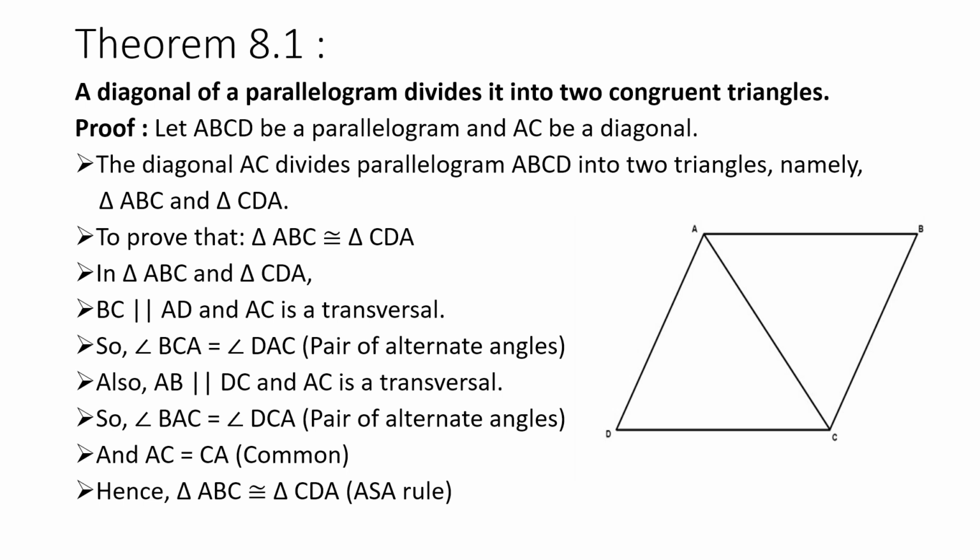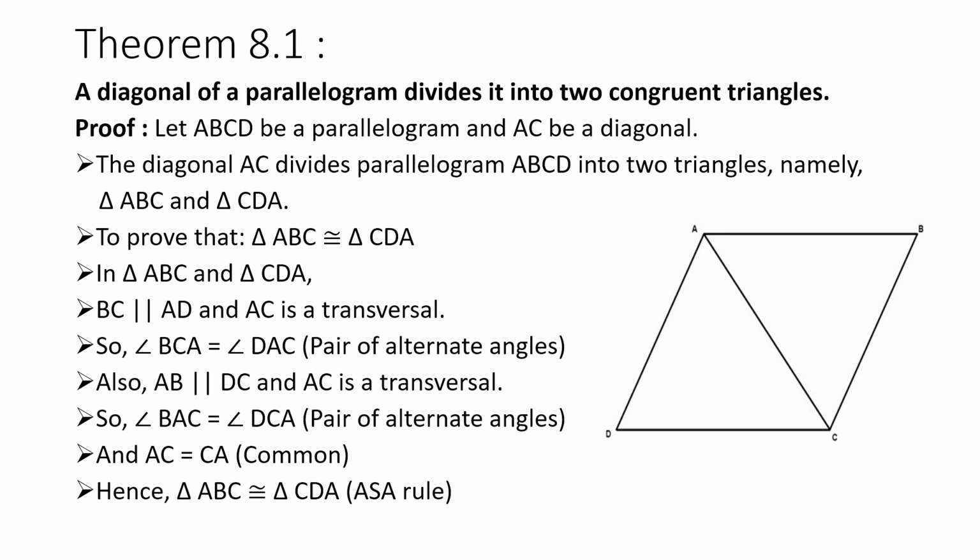Now for both these triangles, if you see, BC is parallel to AD, it is a parallelogram, and AC is a transversal. So BC is parallel to AD, and if AC acts as a transversal, angle BCA and angle DAC, you can see they are pair of alternate angles, so they are equal.